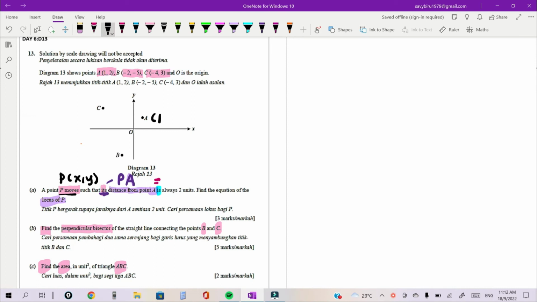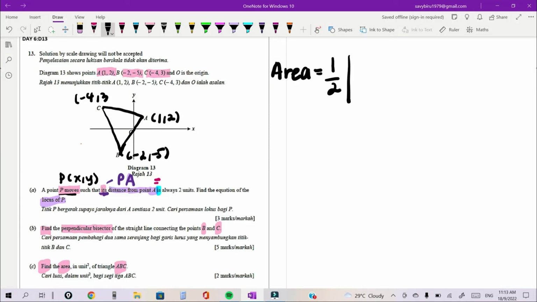is given as (1, 2), the point B is given as (-2, -5), and the point C is (-4, 3). So now you want to find the area of triangle ABC. To find area, you can use the formula half. Then list out all the coordinates given. Since now you have triangle ABC, you can go clockwise or anti-clockwise.